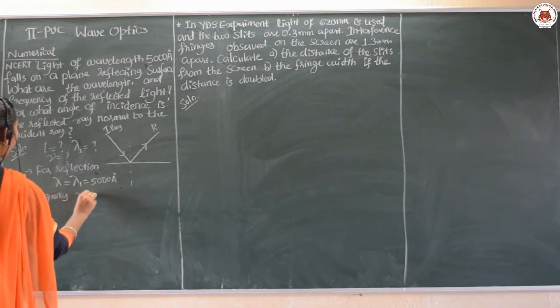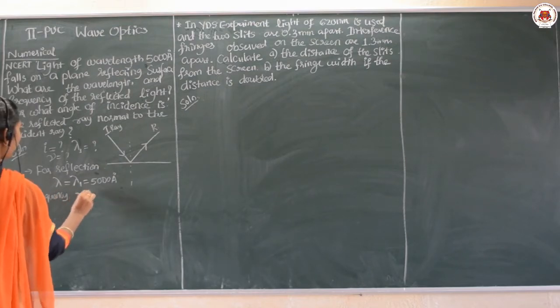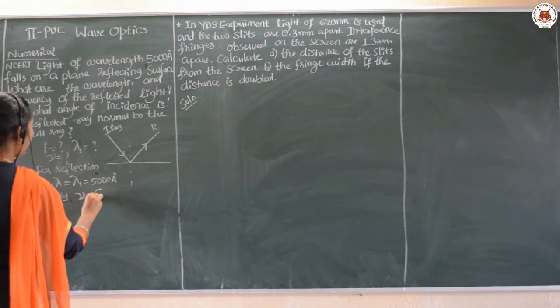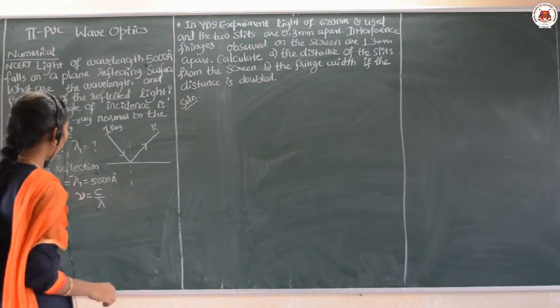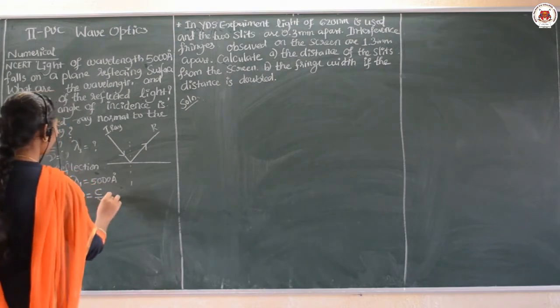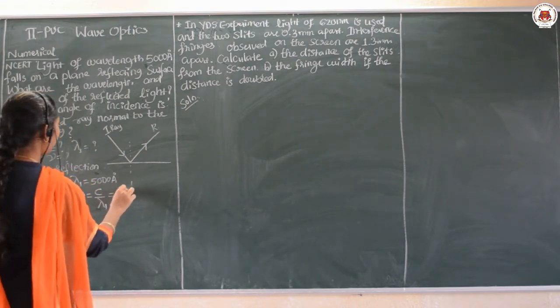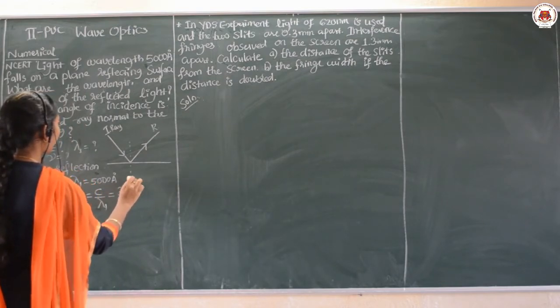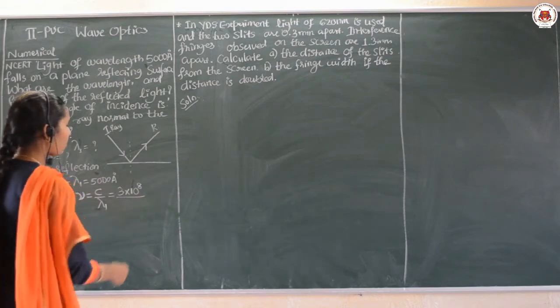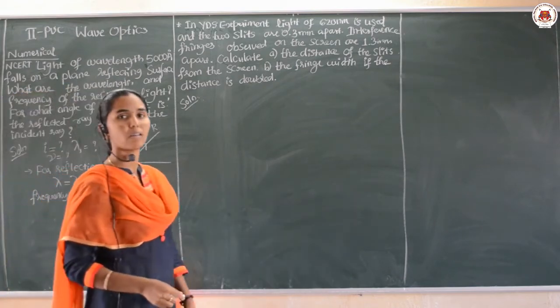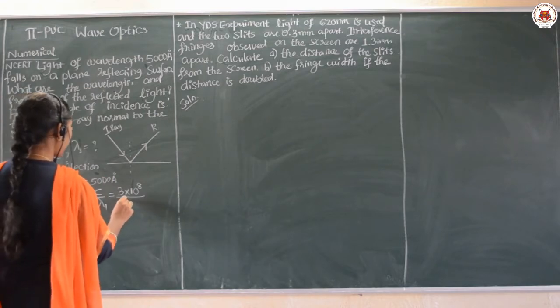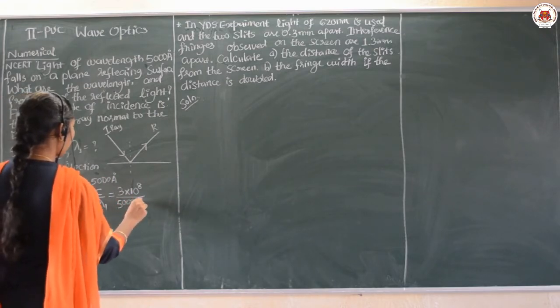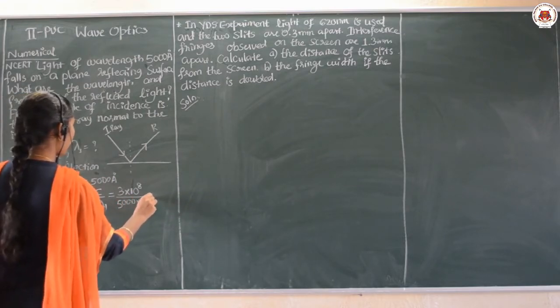As we know, the frequency nu is given as the velocity of light in air or vacuum upon the wavelength, that is 3 into 10 raised to 8, the standard value of the velocity of light in vacuum, upon the wavelength, 5000 angstrom, which is 5000 into 10 raised to minus 10.